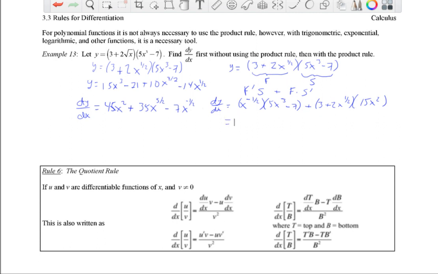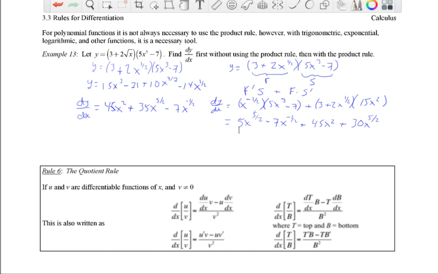And we will also compare it and see, can we get it to look like the other one? So let's go ahead and multiply that out. We have 5x to the 5/2 minus 7x to the negative 1/2 plus 45x squared plus 30x to the 5/2.